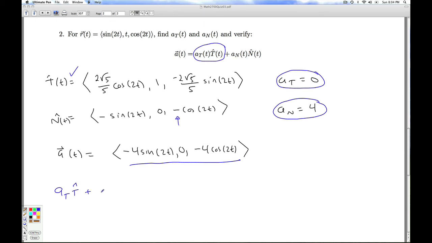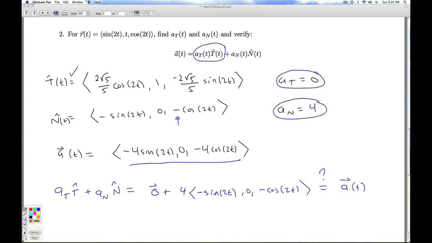a_T T hat plus a_N N hat. We mentioned before a_T is 0. 0 times any vector is the 0 vector. Plus 4 times this vector. Is that in fact equal to our vector a of t?